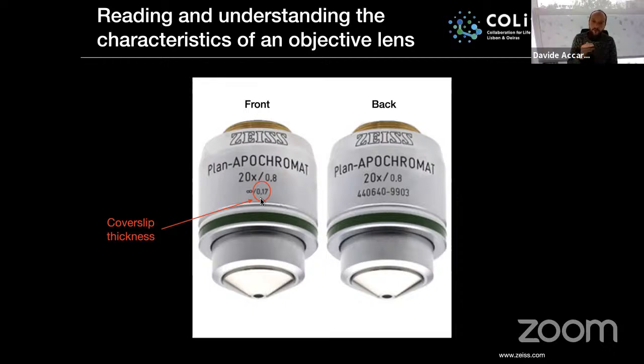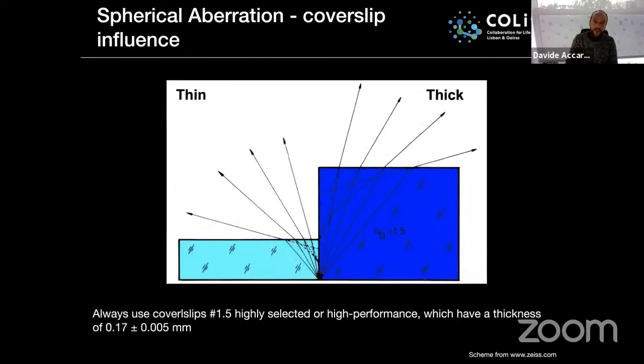Not less, not more. Because the thickness of the cover slip has a huge impact on the spherical aberration that will be caused by the element itself, right? And in fact here in this very simple scheme is depicted how differently the rays of light are traveling and then refracted and diffracted by thin and thick cover slips.